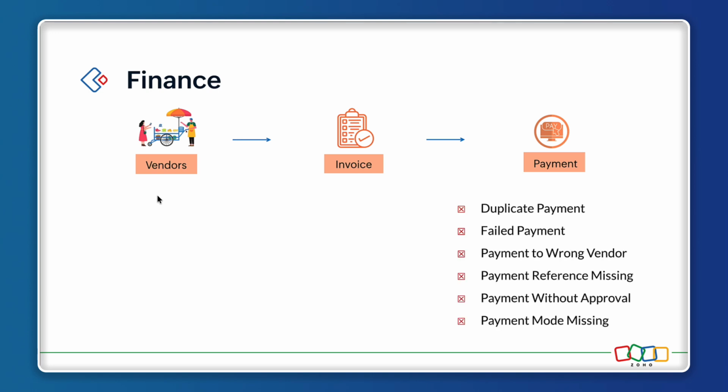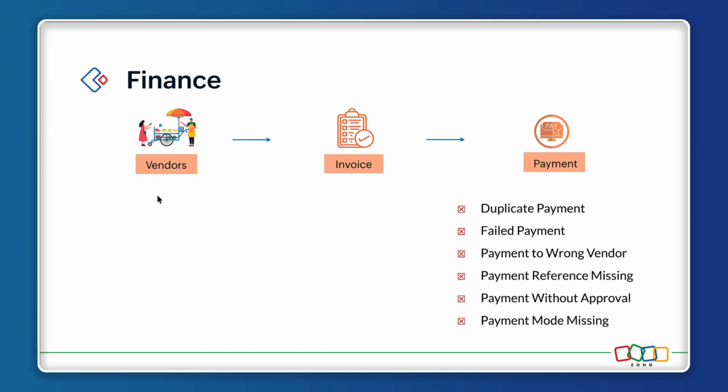And in the payment module, obviously duplicate or failed payments, payment to the wrong vendor, a payment reference, that is, the transaction ID, missing or not available, a payment done without the approval it needs, or a missing payment mode.